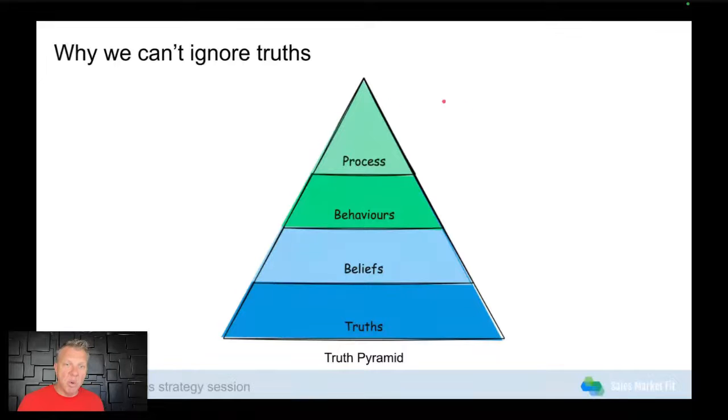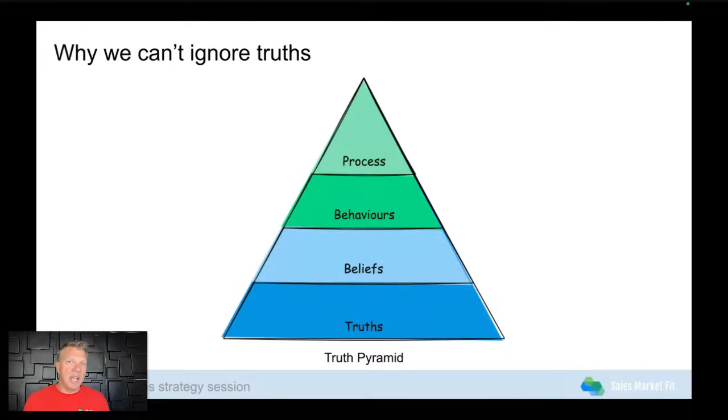But they're not addressing the underlying truths that exist in the industry, or the underlying truths that we're up against when it comes to lead generation or sales. Because they don't address the underlying truths, their beliefs haven't changed, and their behaviors haven't changed. And the process is just the tip of the spear. It actually leads to lackluster results.